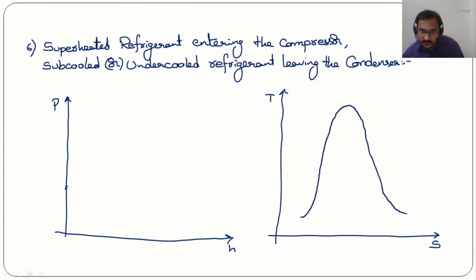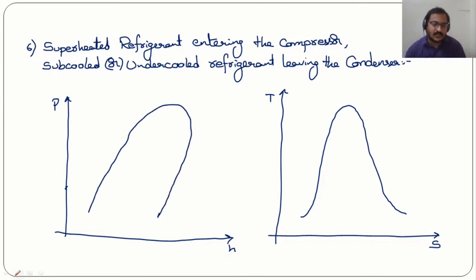You will get a bell-shaped curve like this, and in the pH diagram the curve will be like this. Now superheated refrigerant is entering the compressor means condition 1 will be outside this vapor dome, and here also condition 1 is here. 1 to 2 is isentropic compression.